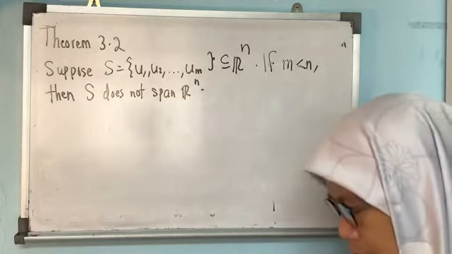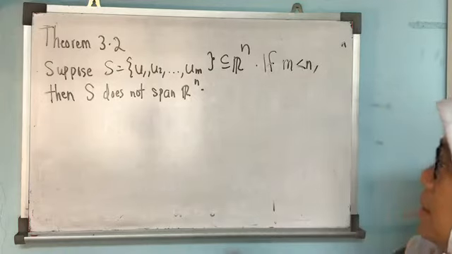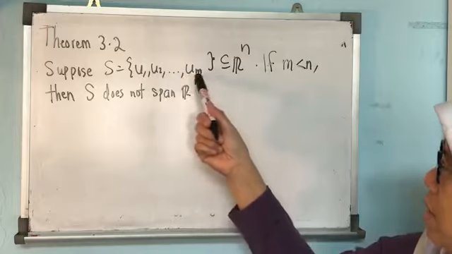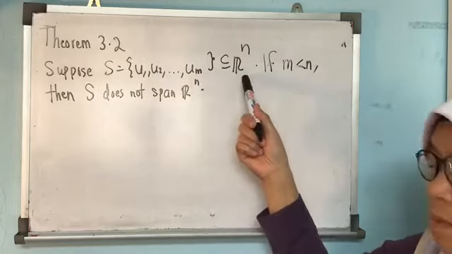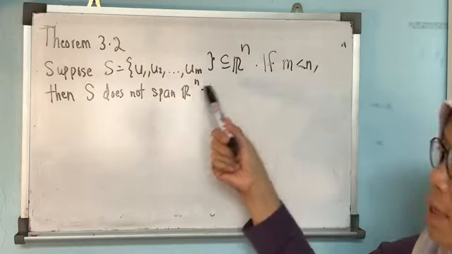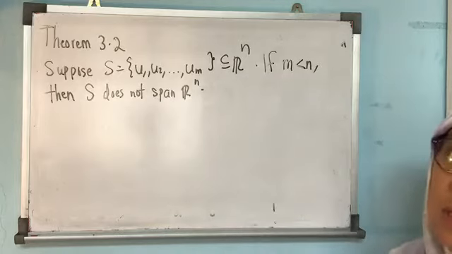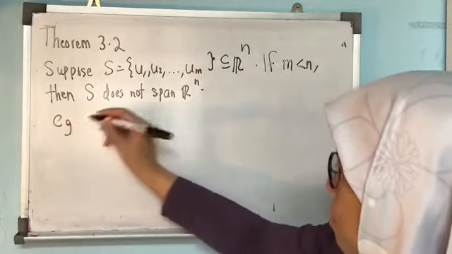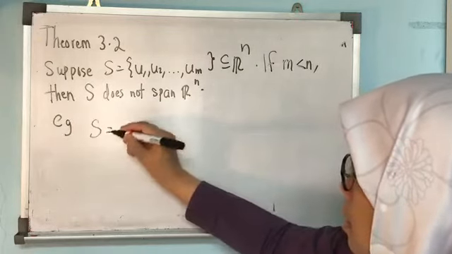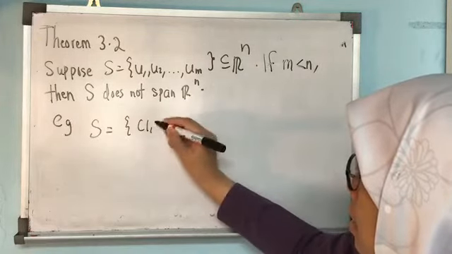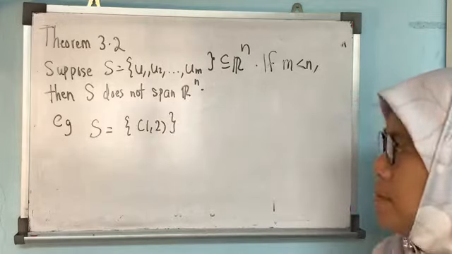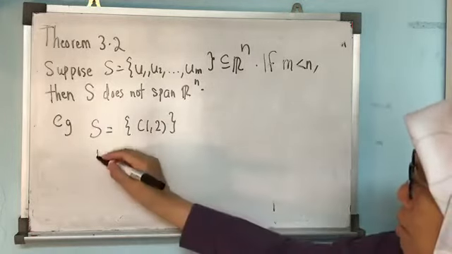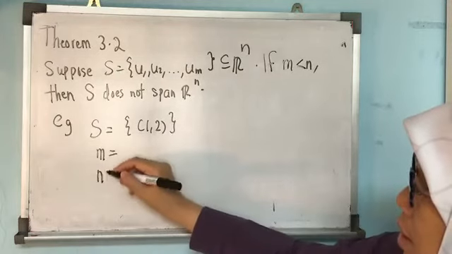Okay, what does it mean? This means if the number of vectors in the set is less than the dimension of the vector space, it does not span. It's not enough to span. You have seen this example before. S equal, say like this, right? Okay. Now you tell me what is M and what is N.